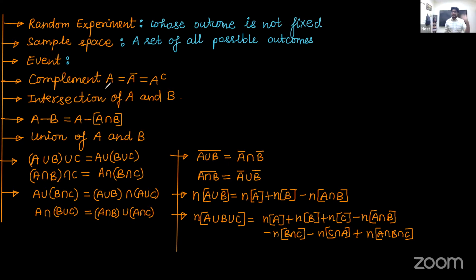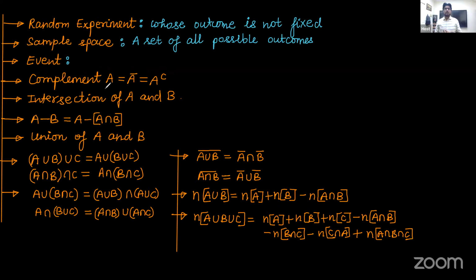What is the chance that at least three accidents will happen? That becomes an event. What is the chance that no accident will happen? That becomes an event. An accident will happen, that's a random experiment. May happen, may not happen. One accident might happen, two accidents might happen, three accidents might happen, four accidents might happen.